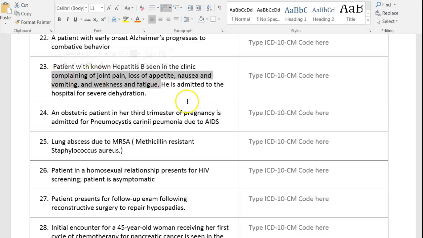Now, if you guys watched the first video that just gave you an overview of ICD-10, I gave you an example of the patient who had a cough and runny nose, and the doctor gave her a final diagnosis of respiratory infection or acute respiratory infection.